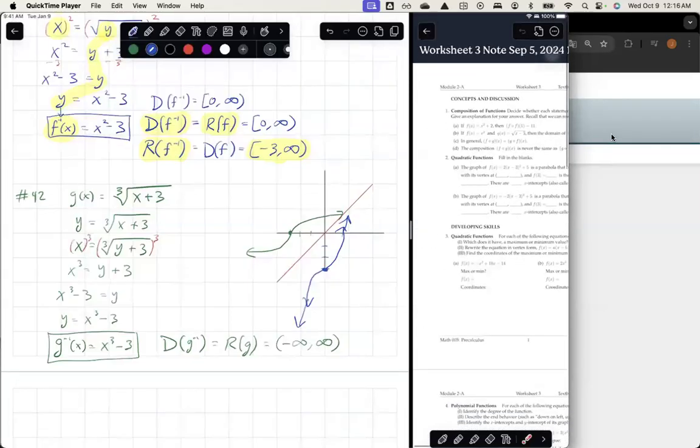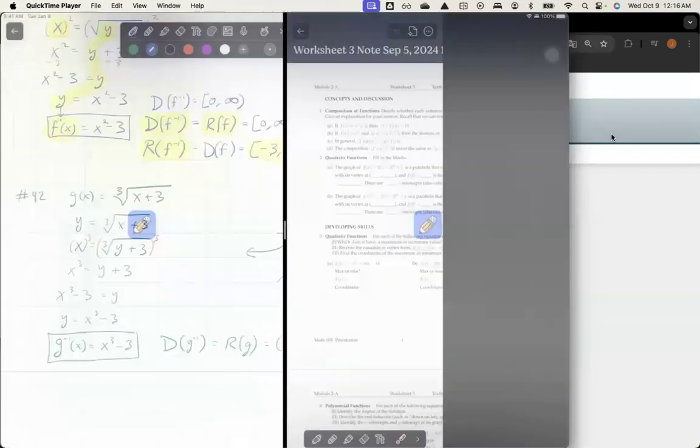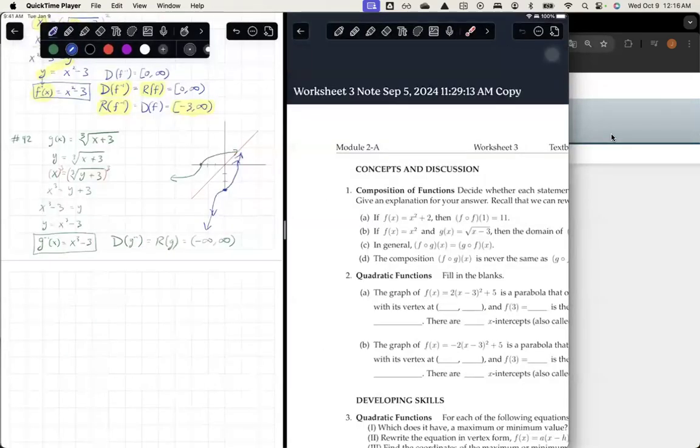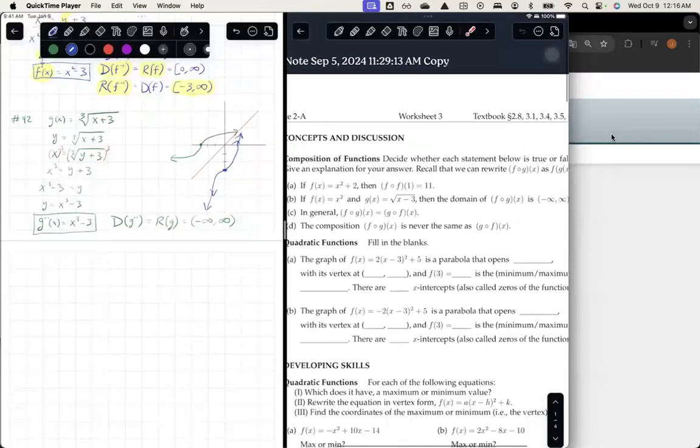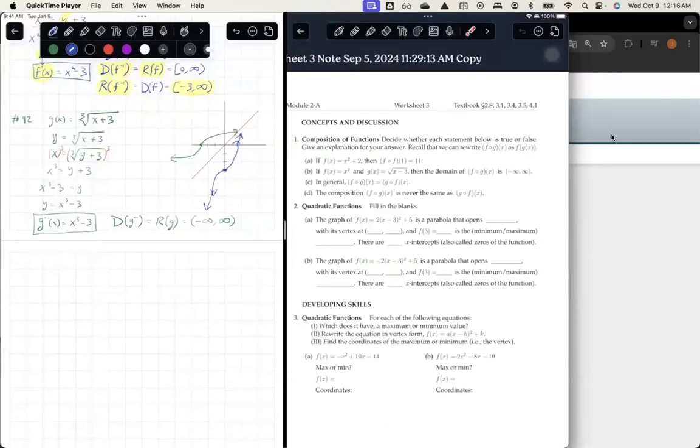Yeah, let's go ahead and answer a couple of these questions, maybe on problem number 1. Let's see if we can answer a couple of these. Okay. Decide whether each statement below is true or false. Give an explanation for your answer.